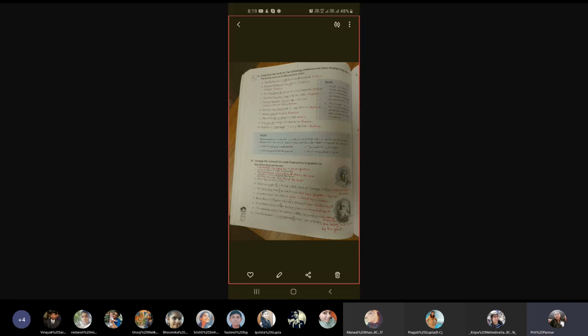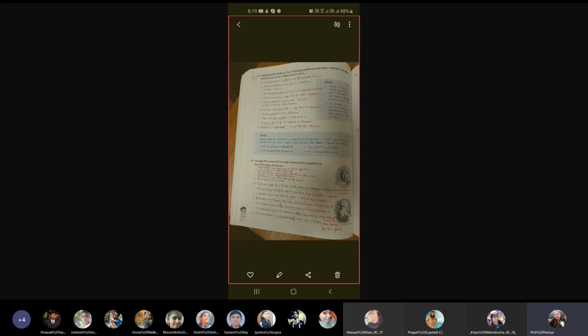Number six, gravity was discovered by Isaac Newton. Was discovered is the verb and it is in the passive voice. Honey is made by bees. Is made is the verb and it is in the passive voice. The child did not break the jar.